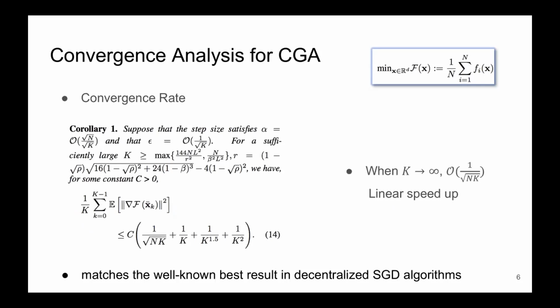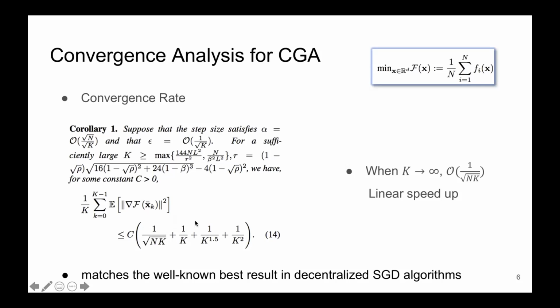Next is the convergence analysis. First, they show their algorithm achieves convergence with this formula. We can see that when k becomes sufficiently large, this term will dominate the overall error, which achieves linear speedup.